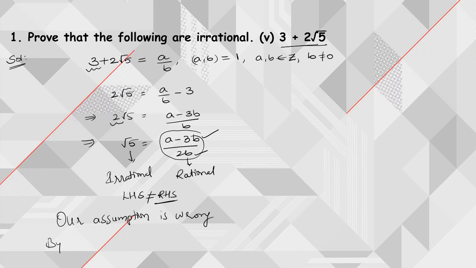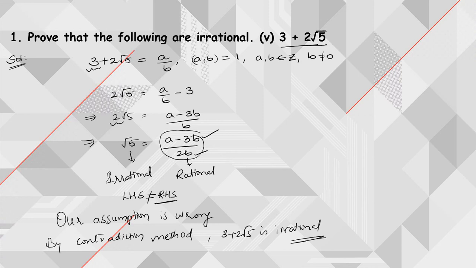So by the contradiction method, we say that 3 plus 2 root 5 is an irrational number.